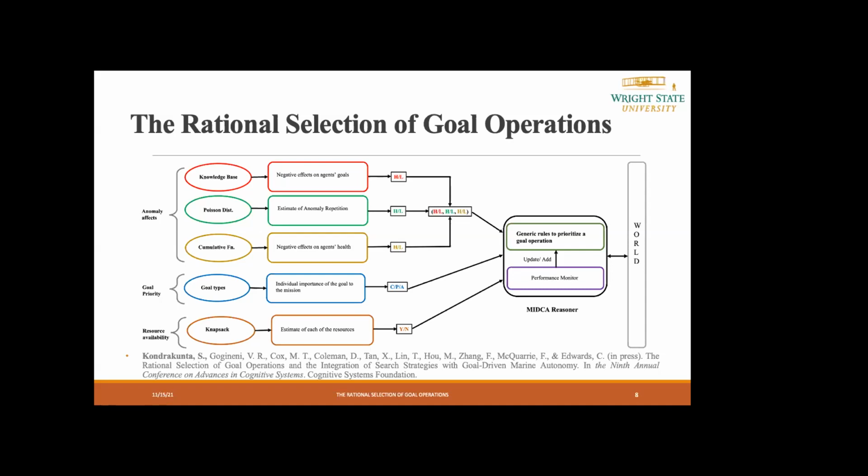Crisis meaning the goals that the agent would generate in a crisis event or a hazardous event. Preservation meaning the agent working on goals to either preserve its health or resources or energy.